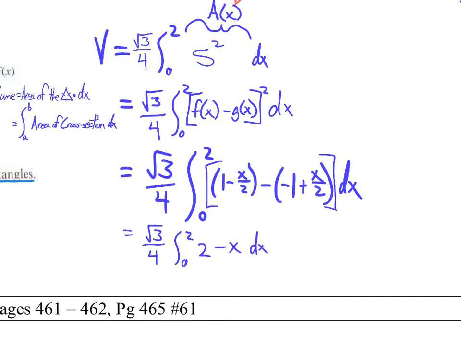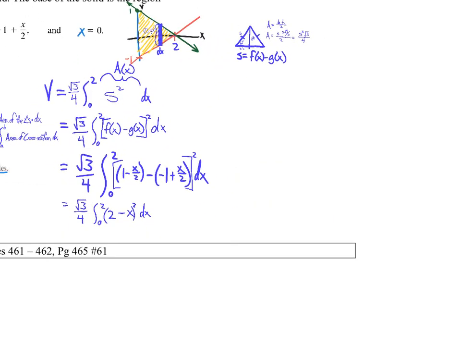Okay? Now we're down to taking the integral. Piece of cake. We have to square it. So, FOIL, take the integral, evaluate it, and you've got your results.